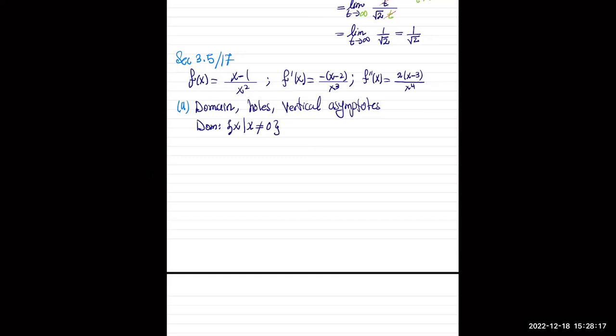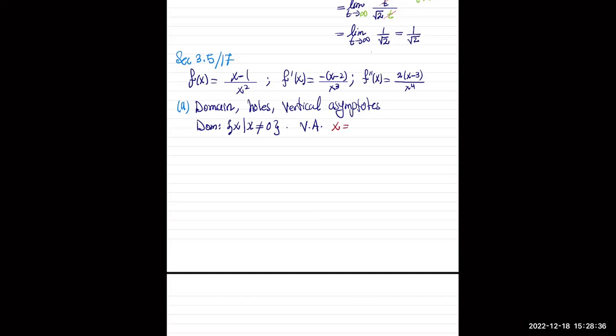Okay, there is only one location of discontinuity, and it's 0. And this is where the function has a vertical asymptote. It's happening at x equal to 0.